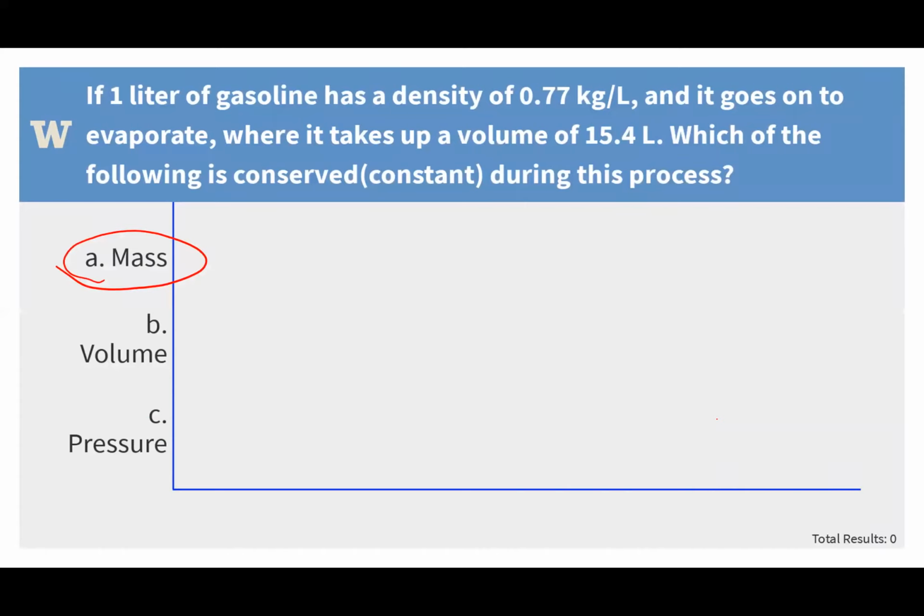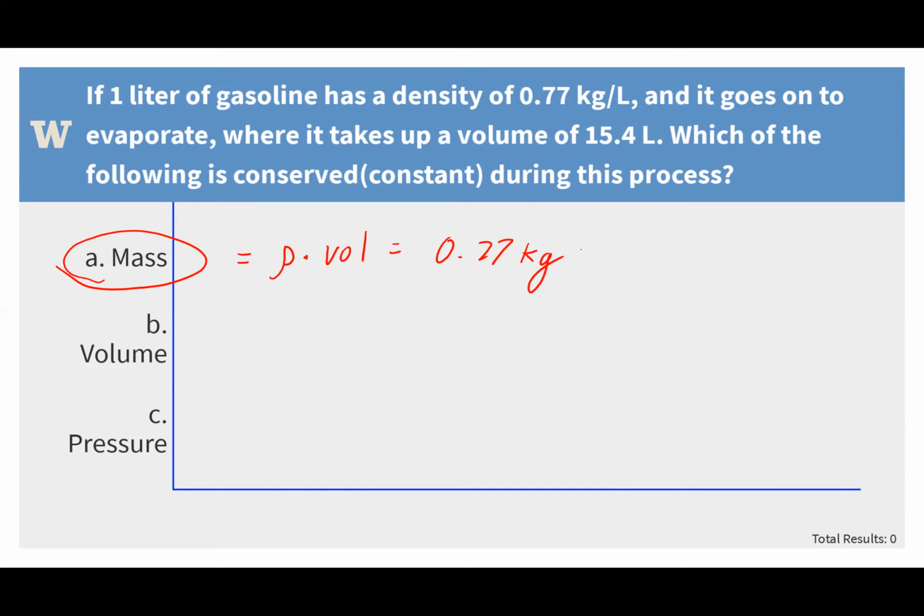Okay, so one of the multiple choice questions for this week was just asking about what quantity is going to be conserved if I have something like a liter of gasoline evaporating, and we think about mass, right? So we can calculate the amount of mass in terms of, right, density times volume. So that's going to be 0.77 kilograms, right?